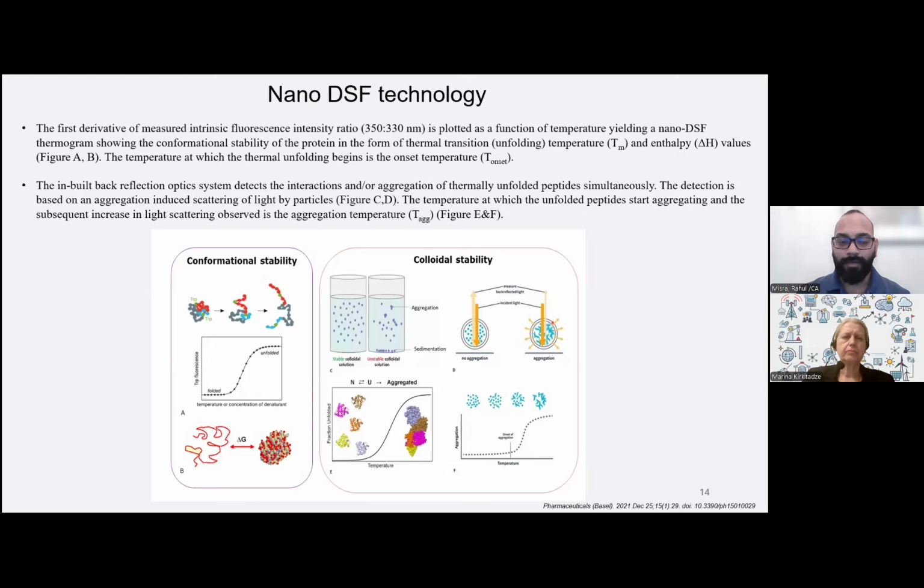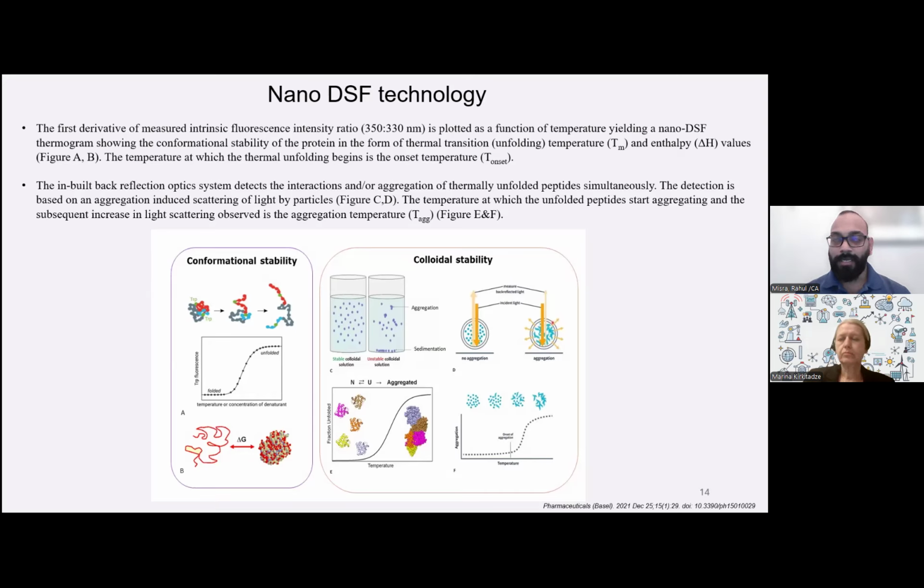We know that proteins have tryptophan and tyrosine residues, and they have intrinsic fluorescence. When I'm heating a protein and it is being thermally unfolded, these tryptophan and tyrosine residues are exposed, and when they're exposed, a change in fluorescence happens. This is what the technique measures: the change in intrinsic fluorescence of tryptophan and tyrosine residues with respect to change in temperature.